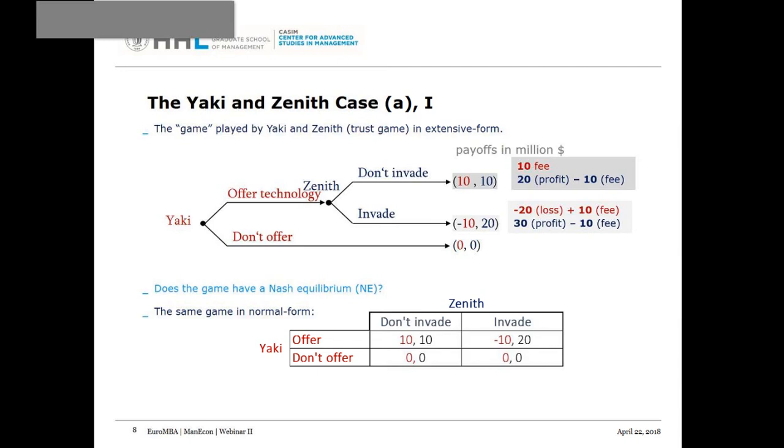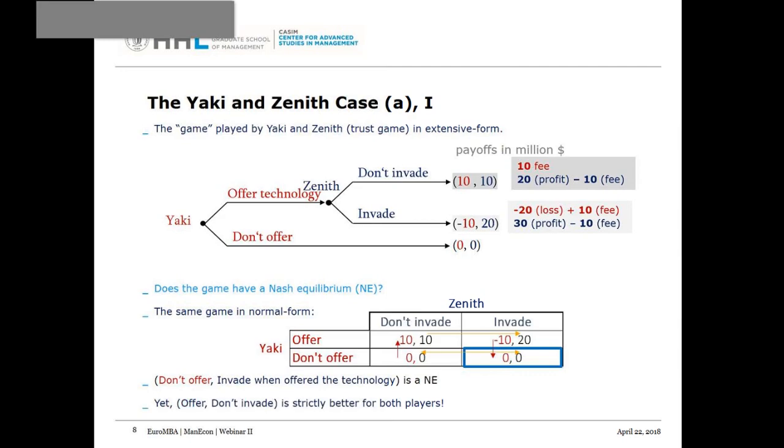Here I'm sure you can identify the Nash equilibrium much faster, because you compare the payoffs and see that the Nash equilibrium is to not offer the technology, and if Yaki offers the technology, then Zenit invades the market of Yaki. So the outcome is 0 and 0. This is our Nash equilibrium, but of course there is another outcome that is much more focal in the interaction: they could both benefit from cooperating, if Zenit behaves in a trustful manner.